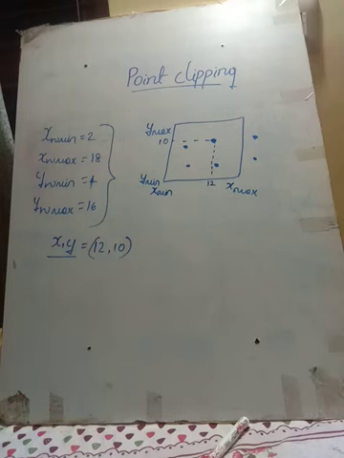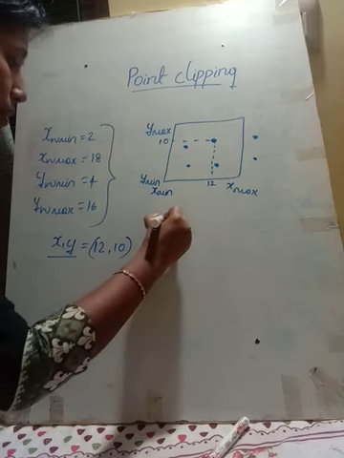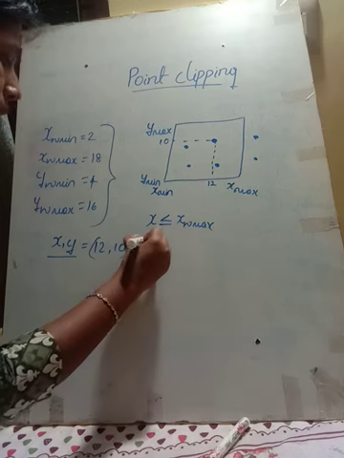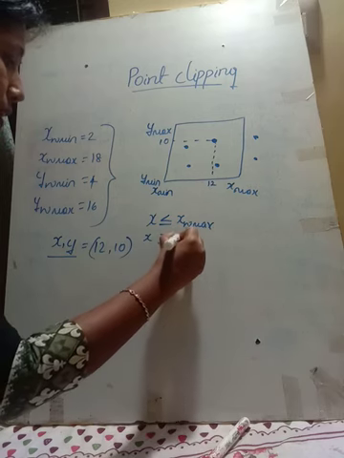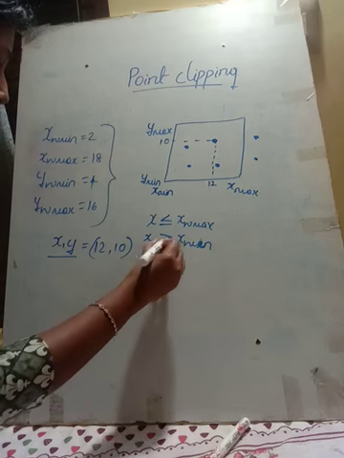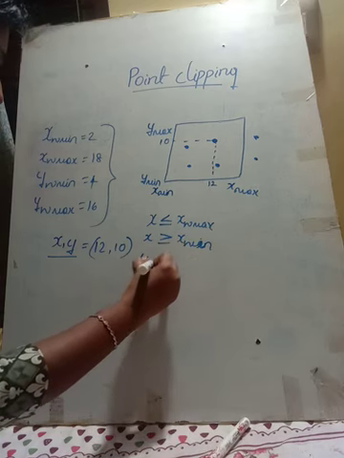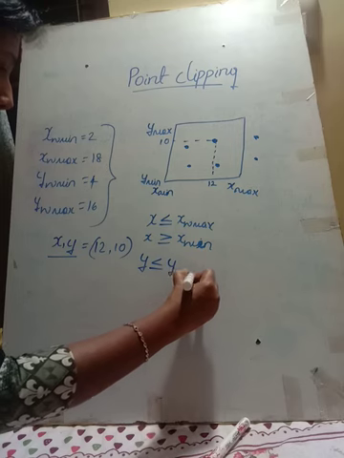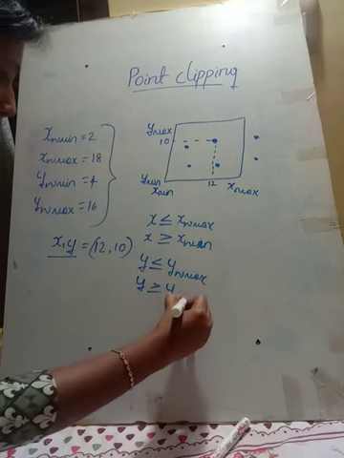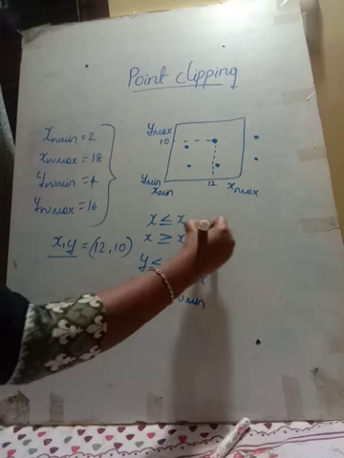Okay, so according to the given constraint, we have to check whether x is less than or equal to xw max, x is greater than or equal to xw minimum, y is less than or equal to yw maximum, y is greater than or equal to yw minimum.